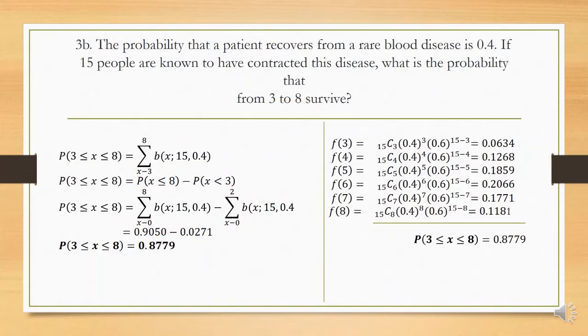Now, for this slide, using the formula that we have, all you have to do is find the functions or the probabilities from 3 to 8 and then add it. And then you will see that you have the same yield or result, no? Dun sa ating reading ng table at yung computation.